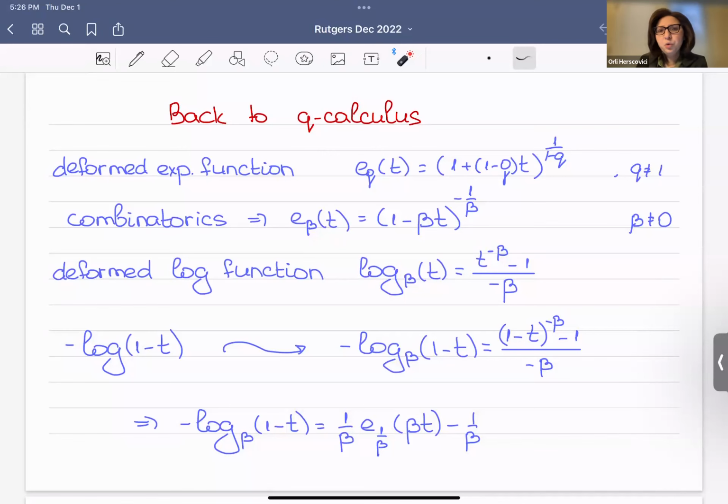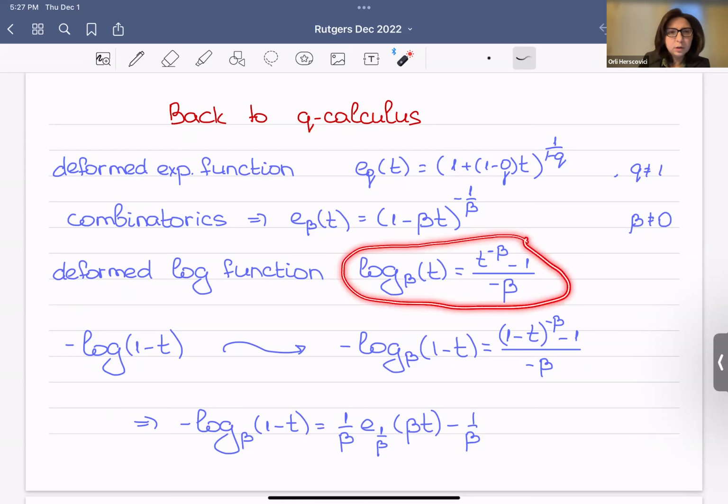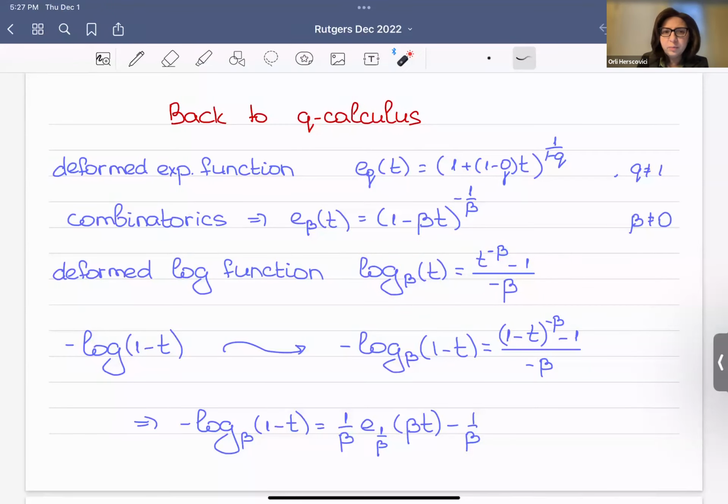Now parameter beta should be different from 0. And in the works of Tsallis and Borges, there appears a deformed logarithmic function, which is again the compositional inverse of the deformed exponential function. So in our notation, the deformed logarithmic function will be t to the negative beta minus 1, over negative beta.